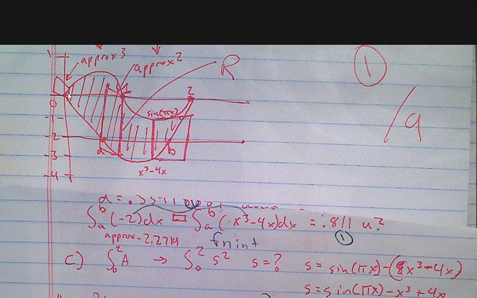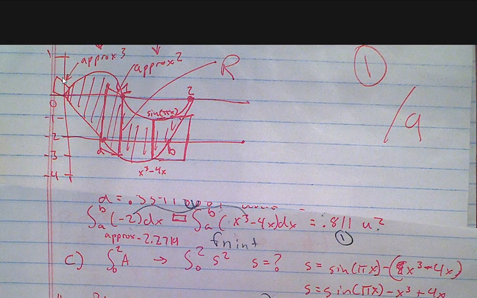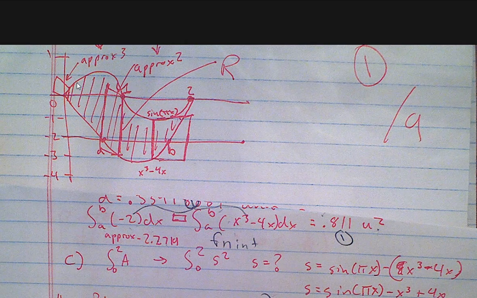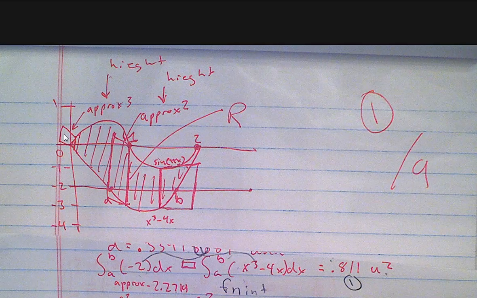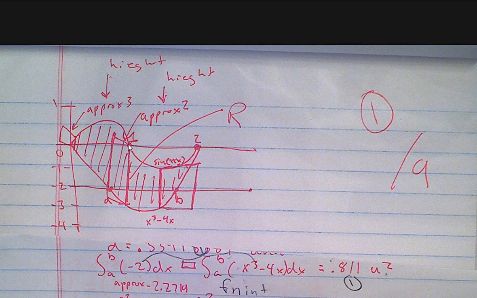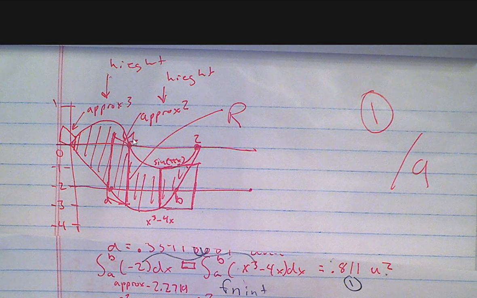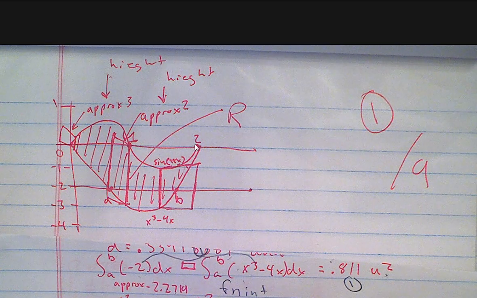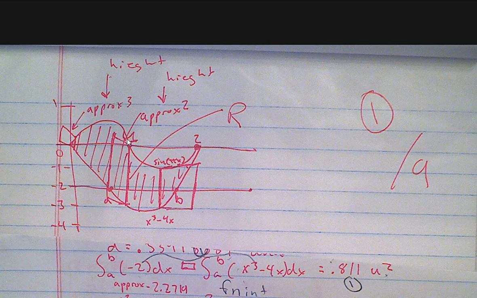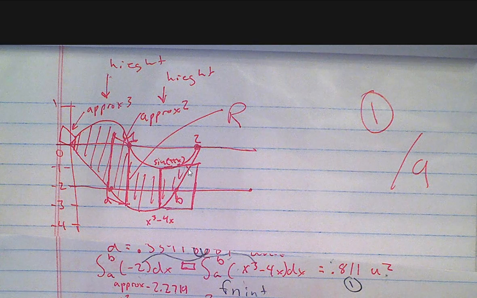The x is small, so the depth is approximately 3, or the height, if you will. Here at x equals 1, the height is 3 minus x, so the height is approximately 2, or the depth, if you will. And then as it goes on, it gets less deep, it gets shallower as you go on.